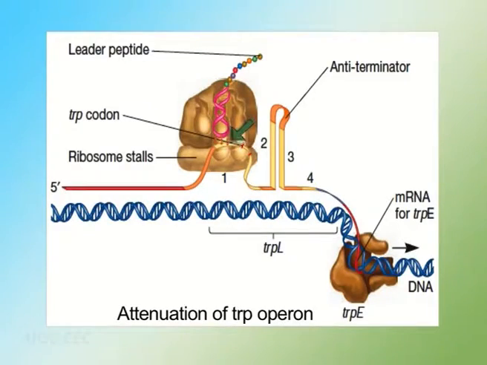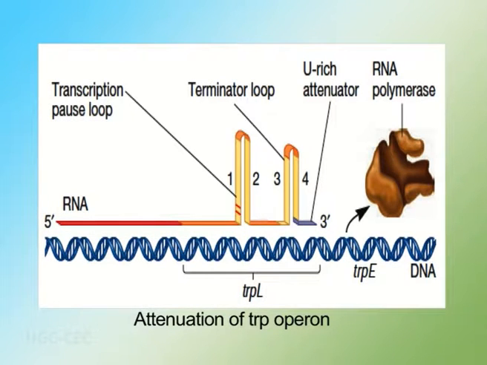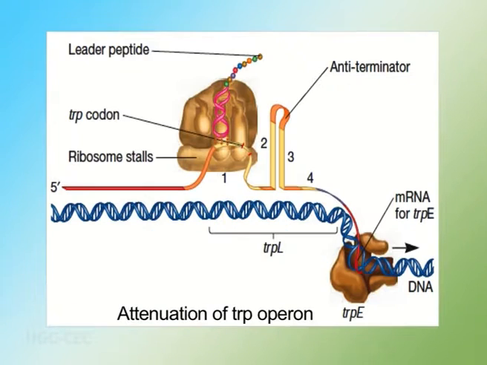So if the ribosome remains stuck onto segment 1 of the leader region, then what will happen? The RNA polymerase is moving at a faster rate, so segment 1 is unable to form hydrogen bonds or stem loop structures with segment 2. Then, instead of stem loop structure formation between 1 and 2, there is stem loop structure formation between 2 and 3.